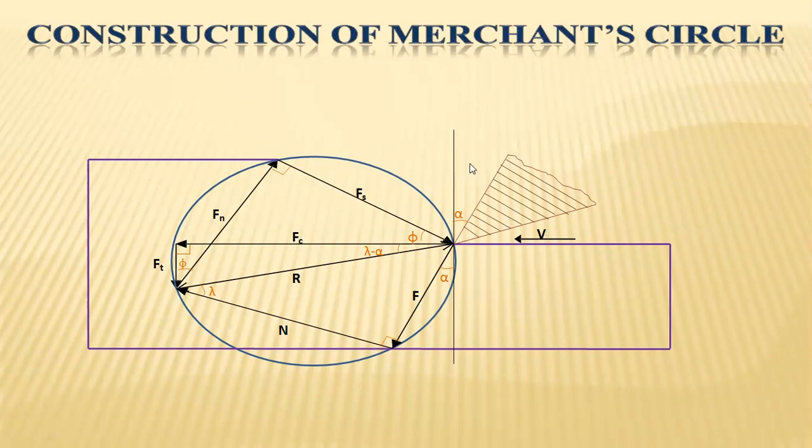Once again, I will repeat. This is the tool, moving with some velocity, and the work part is moving in the direction opposite to the tool. The tool is cutting here with respect to alpha.